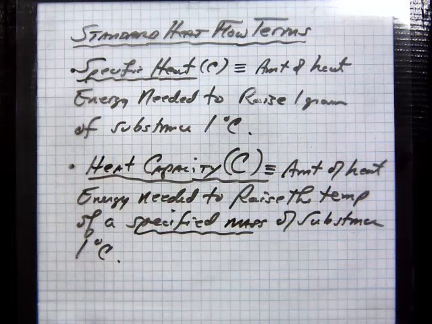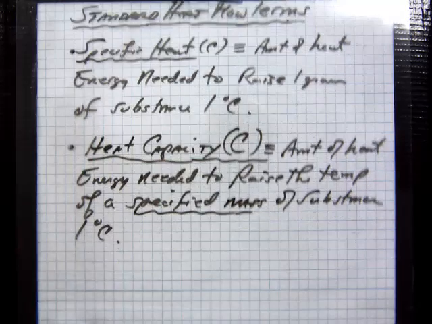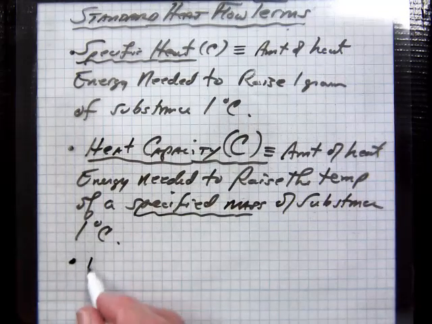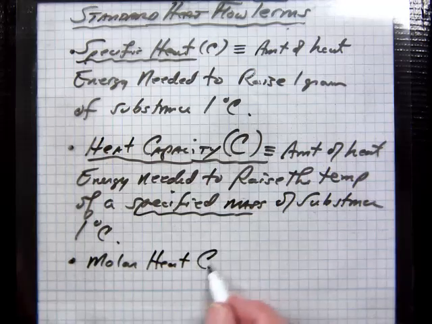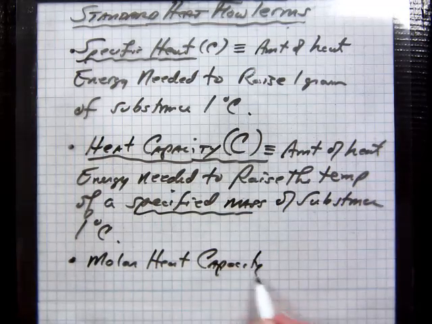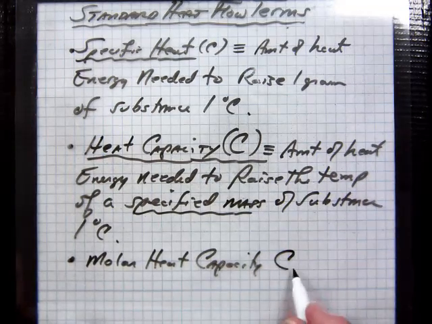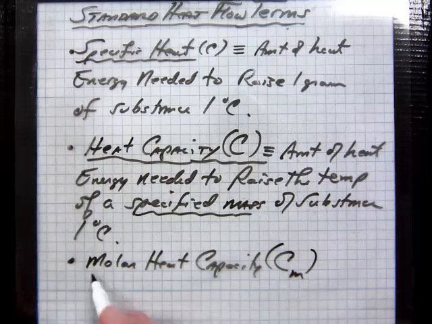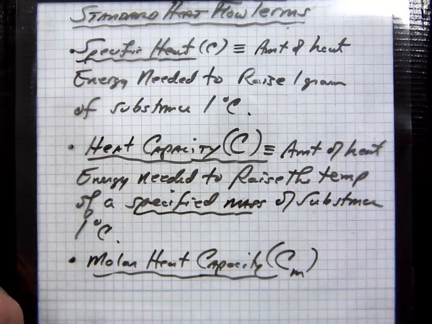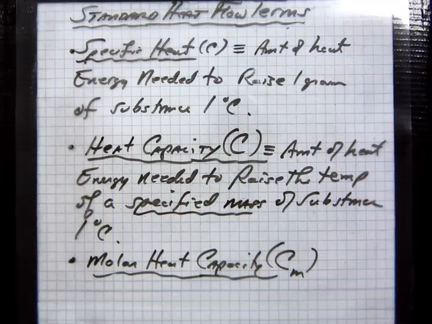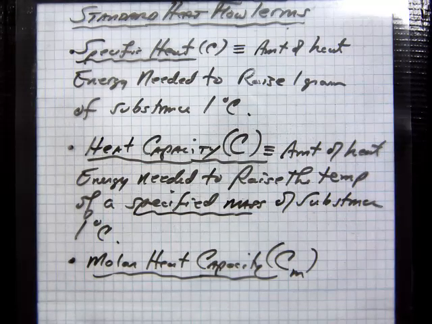And one of them that is very important is molar heat capacity. You see the numbers, and that's C sub m. And that's the amount of energy needed to raise the temperature of 1 mole of substance 1 degree Celsius.